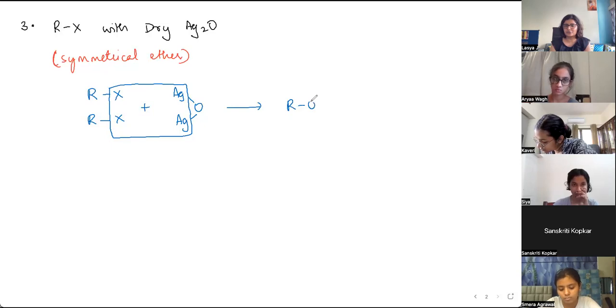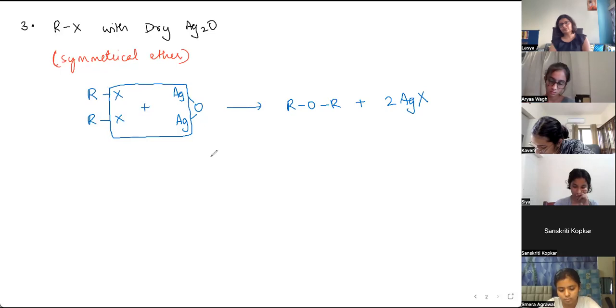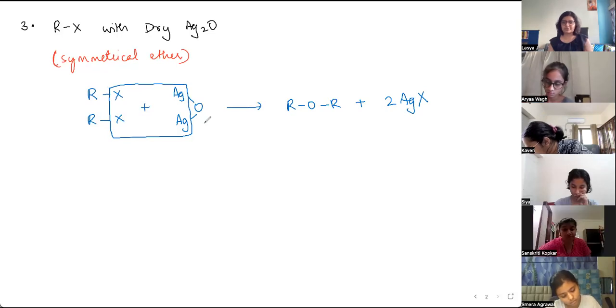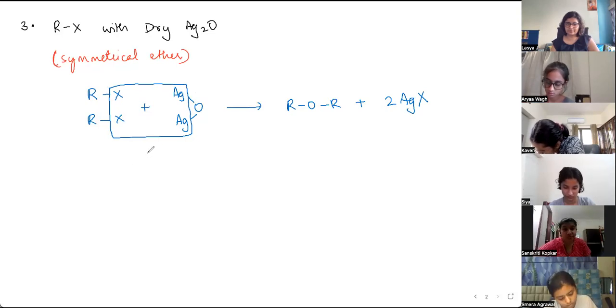So you get ROR plus 2AgX. Think of it as a double displacement reaction. The oxygen is replacing the halogens here, and silver is taking away the halogens.